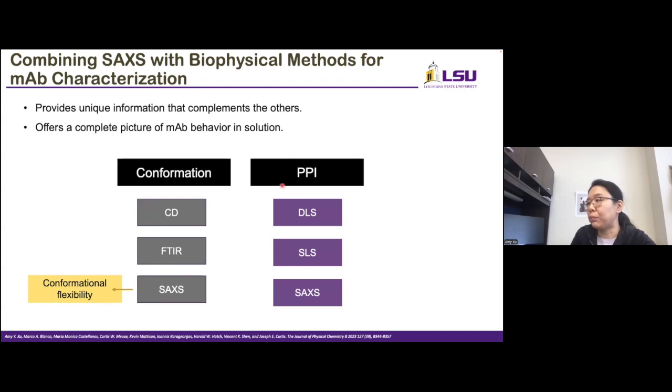And when it comes to protein-protein interactions, we can always do DLS and SLS, but we can also perform SAXS measurements because it is a high concentration measurement. You can measure the interactions of the antibodies at high concentrations directly, and that can break down the overall protein-protein interactions into its various components.